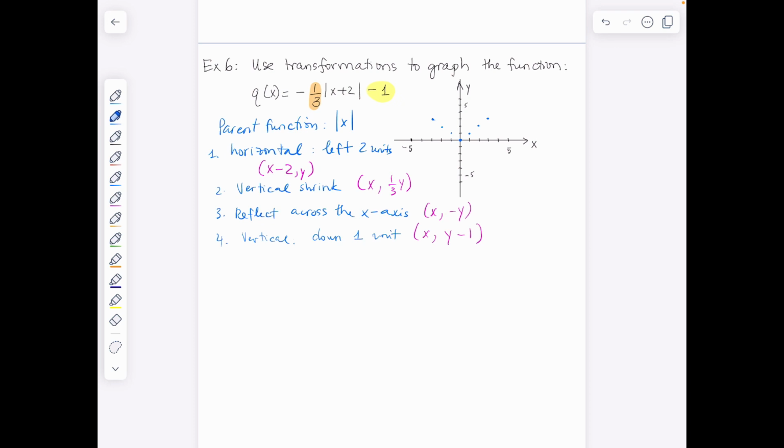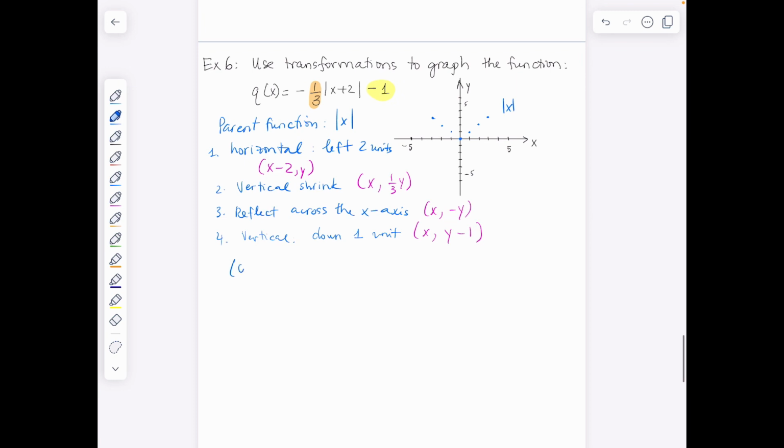So some critical points from the original function, absolute value of x. I'm going to use (0, 0), and maybe (3, 3), and maybe (-3, 3). So the first transformation we'll do is keep y the same and subtract 2 from x. So 0 minus 2 is negative 2, and keep y the same.